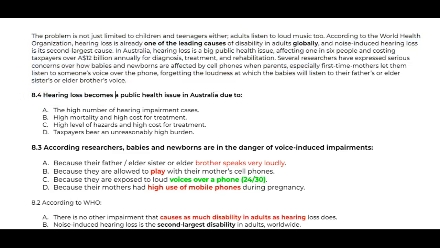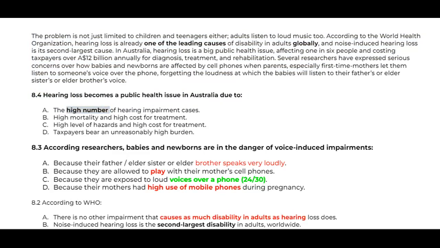Hearing loss becomes a public health issue in Australia. This is about Australia only. Public health issue in Australia due to the high number of hearing impairment cases. All right, I have no objection. Your answer may be right, but there is a problem.